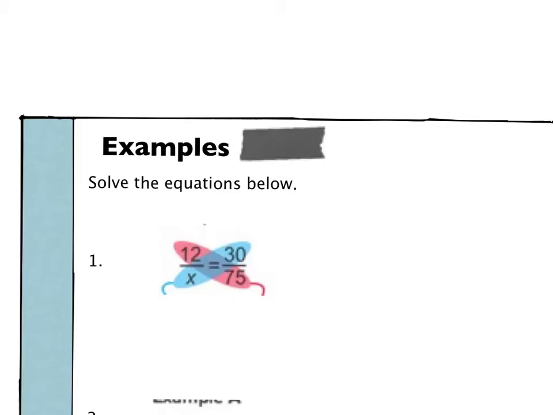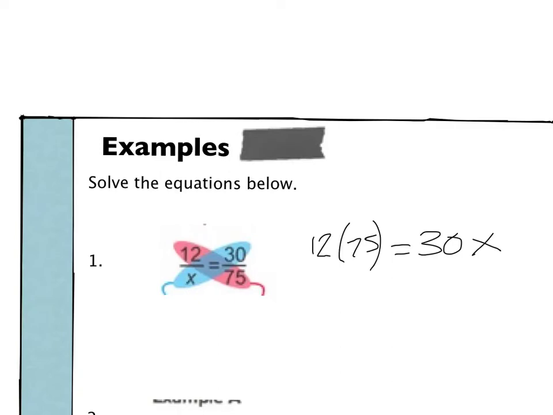All right, let's look at question number 1. Question number 1 says we've got 12 over x is equal to 30 over 75. You can see we've already set it up to cross multiply, so let's do it. 12 times 75 is equal to 30 times x.